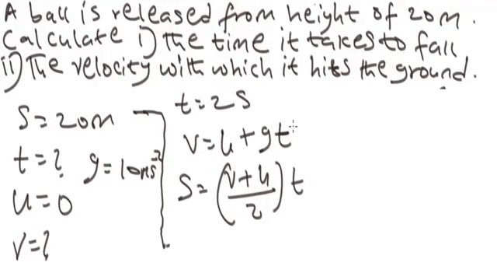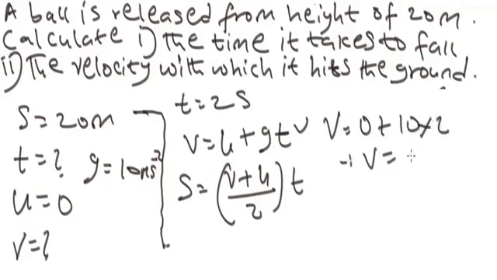Either will work, but let's use this one first. The initial velocity is 0 plus g, which is 10, times the time, 2. Therefore the final velocity v will be 20 meters per second.